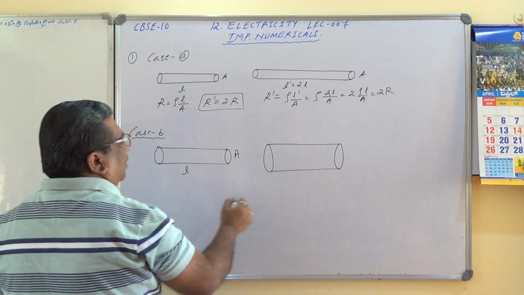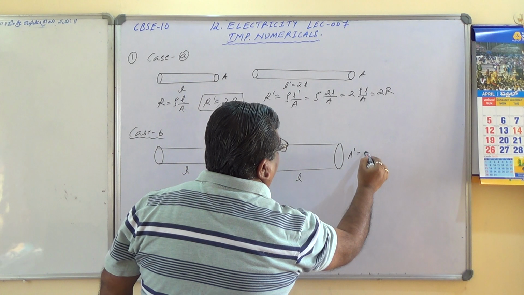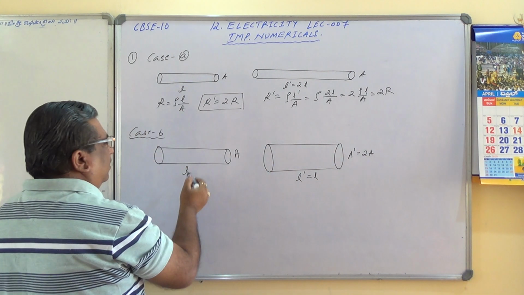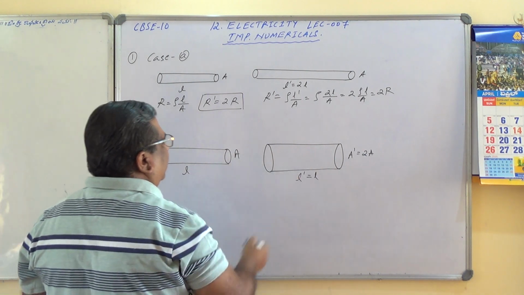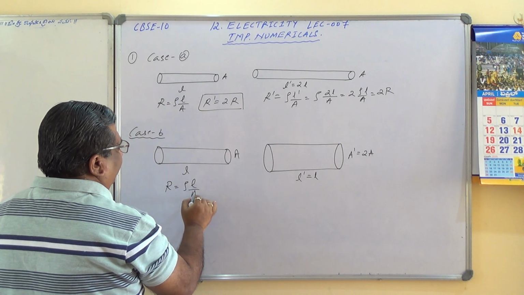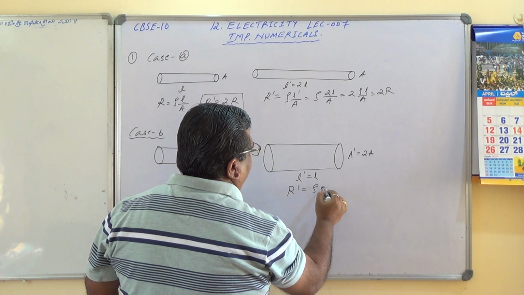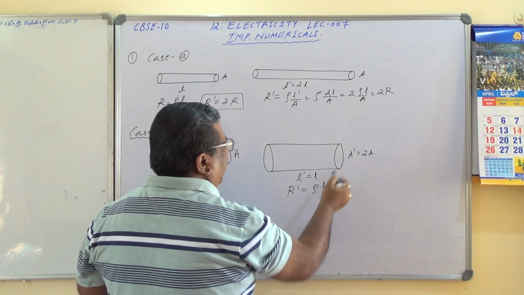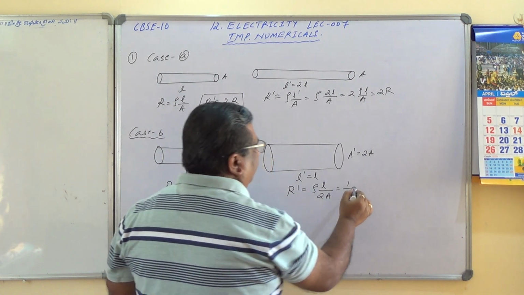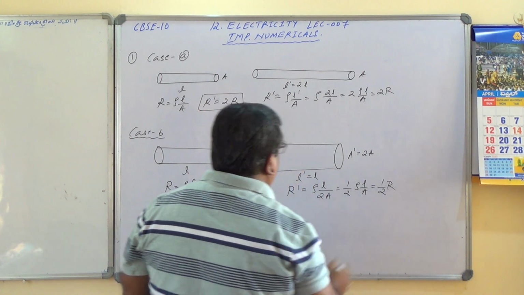So this is also L here, and A dash equals 2 times A, L dash equals L, length is same, cross section area is 2 times. So R equals rho L by A, R dash equals rho L, L dash is L, divided by A dash is 2A, which equals half times rho L by A, which is half R.